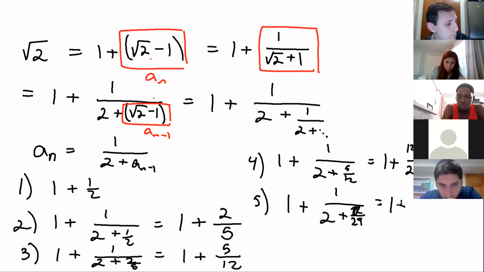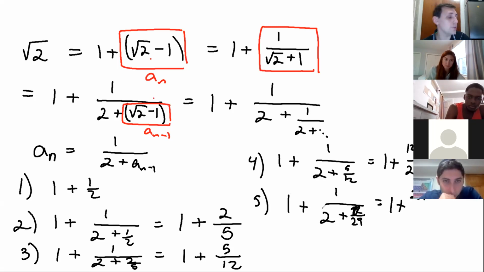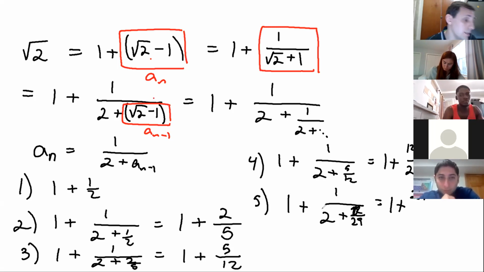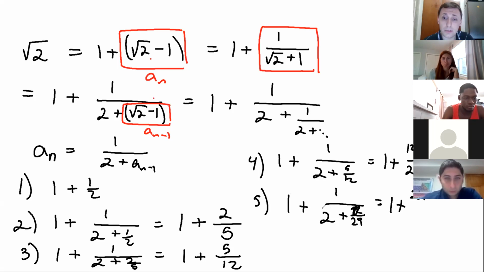Which becomes 1 plus, I multiply by 29, so it's 29 here. 2 times 29 is 52, correct? 52 plus 12, it's 70.